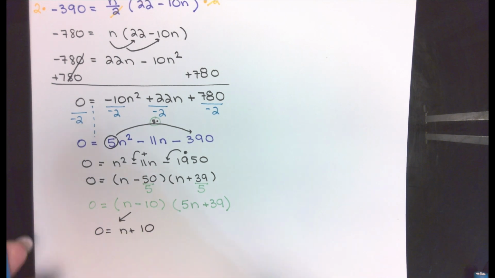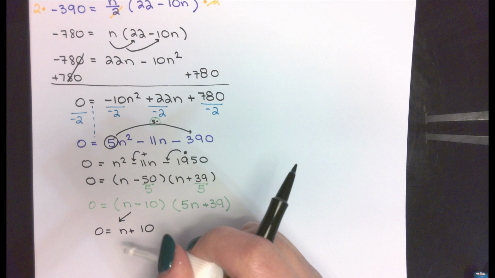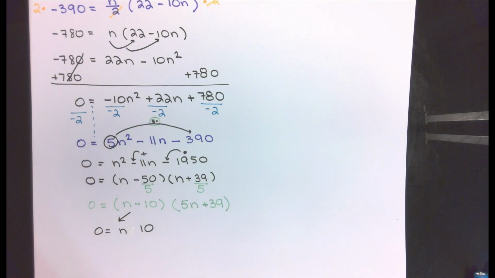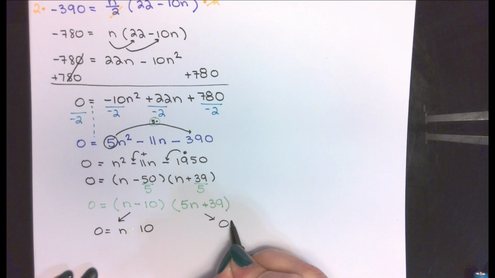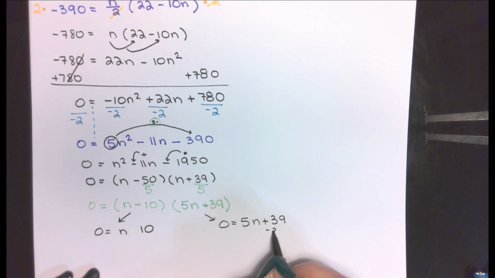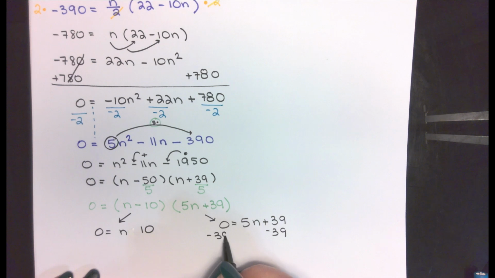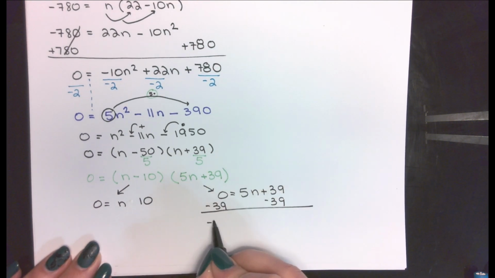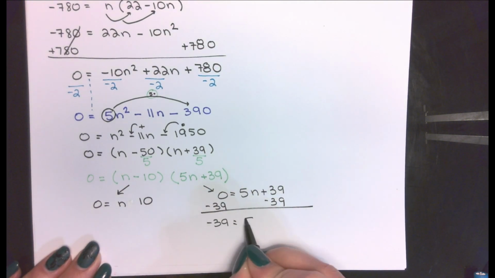Oops, this should be a minus 10, not a plus 10. My brain's already thinking ahead of my hands writing. So subtract 39 on this, and then divide by 5. Is this necessary?